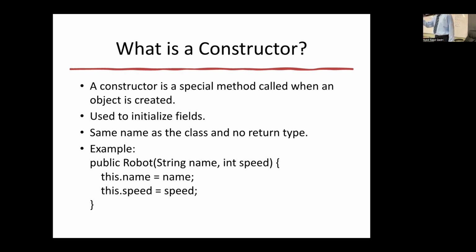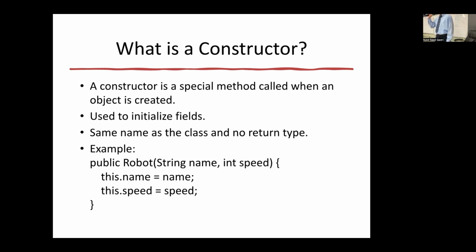This dot name equals to name. When you write it like that, the computer now can understand that the word name without the word this is the parameter, and the one with the word this is the property. Okay? The one with the word this means I want to change the value of this object.